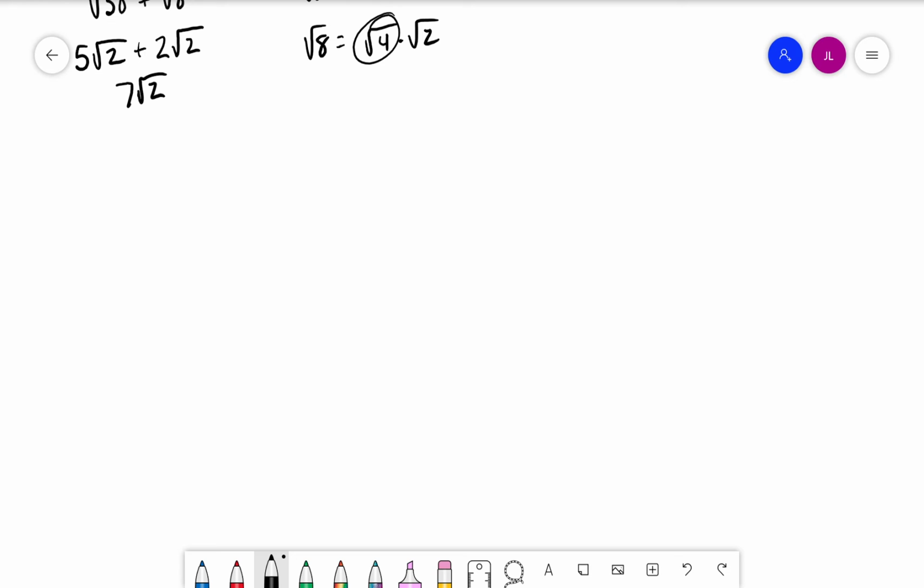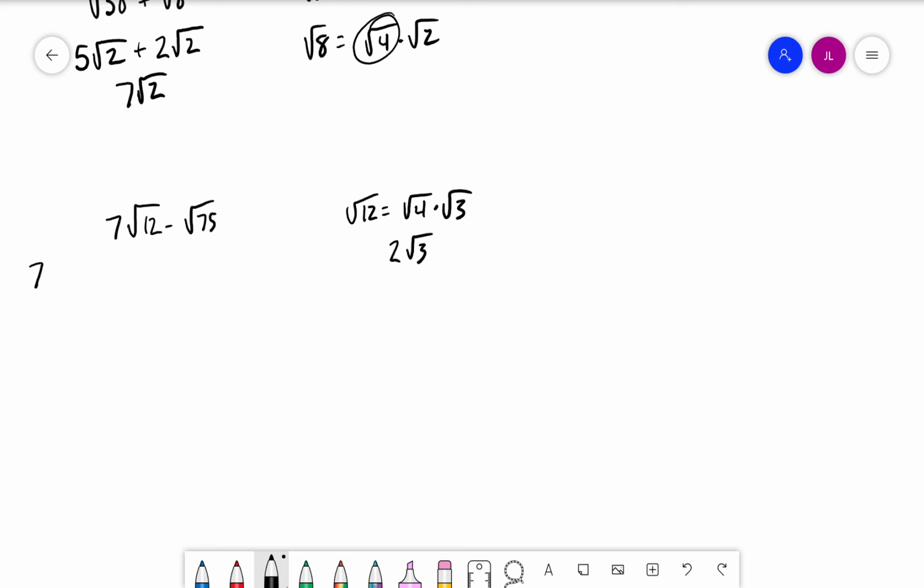So the first one we'll have here, let's say 7 times the square root of 12 minus the square root of 75. Well, again, for 7 times the square root of 12, we can break the square root of 12 down into the square root of 4 times the square root of 3, and we know the square root of 4 is 2. So the square root of 12 is really 2 times the square root of 3.